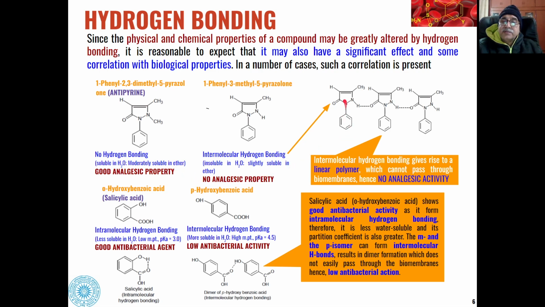Whereas because of the hydrogen bonding, the other is insoluble in water and slightly soluble in ether. And this shows a good analgesic property, whereas the other does not show any analgesic property. This shows good analgesic property because it can be transported easily from the site of action to the receptor molecule.